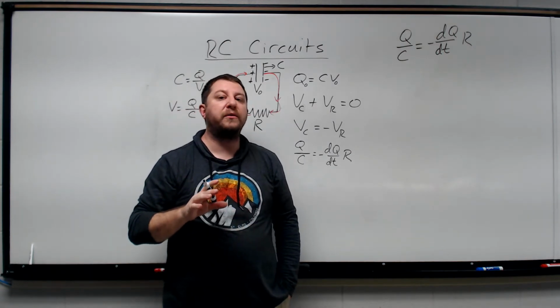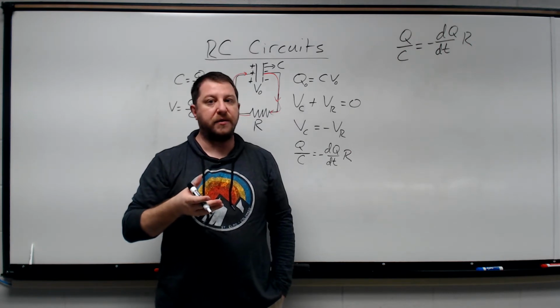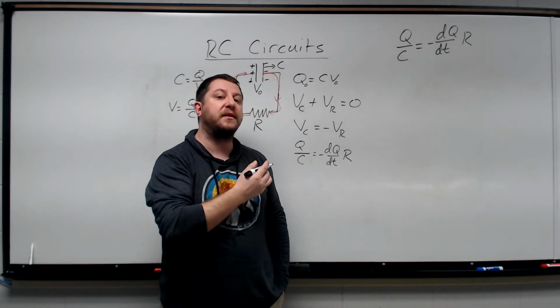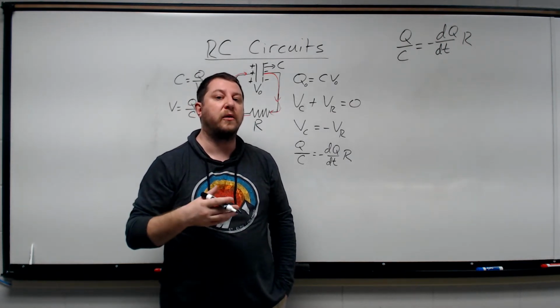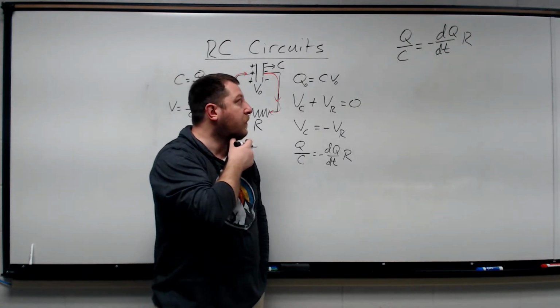And what we're going to do is solve this equation using initial values. Okay, so you can make this into a definite integral, but we're going to solve it as an indefinite integral and use initial conditions.